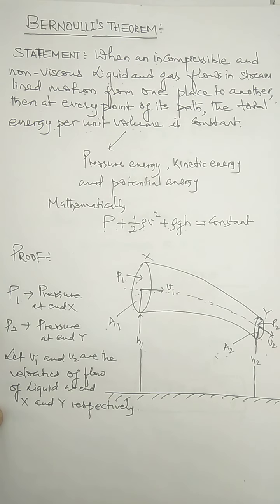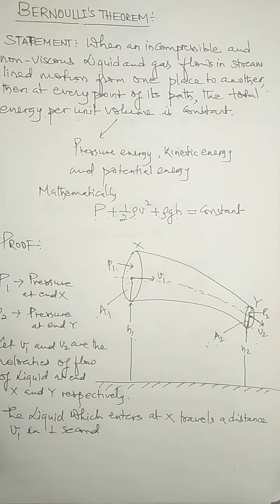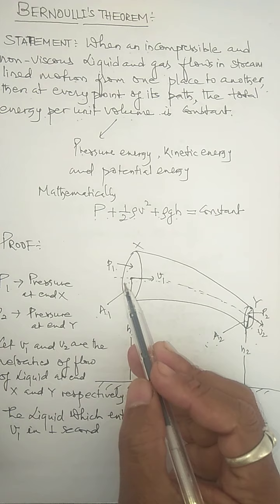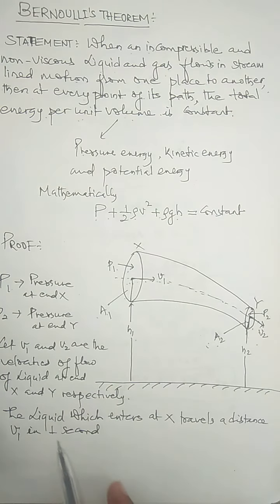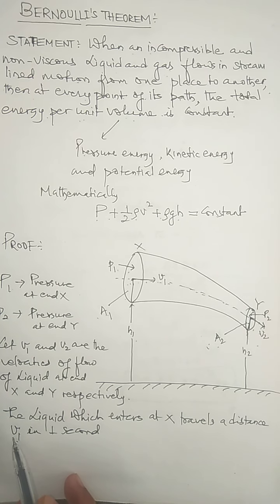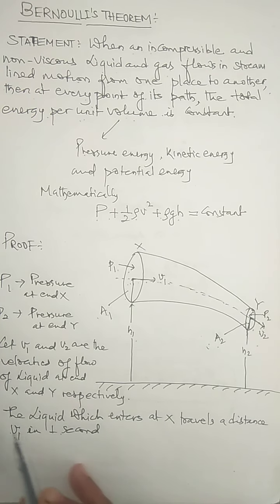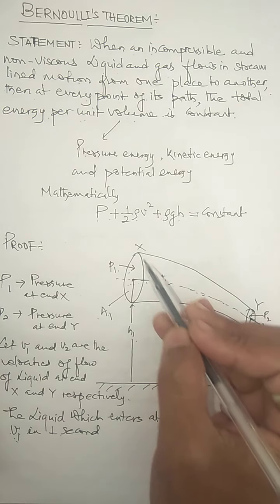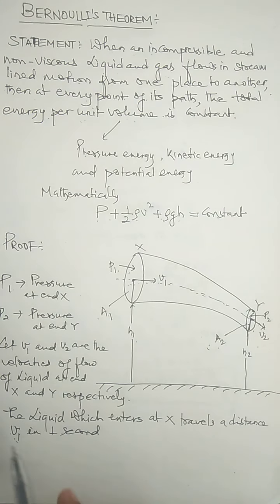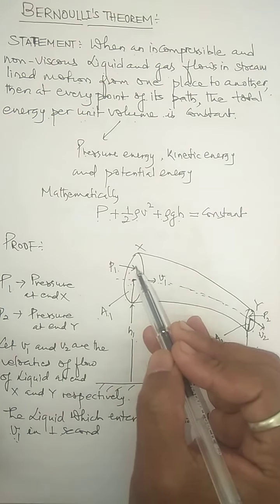So I write down that the distance the liquid travels entering through this end X in 1 second is equal to v1.